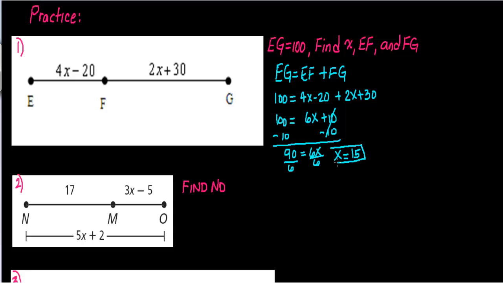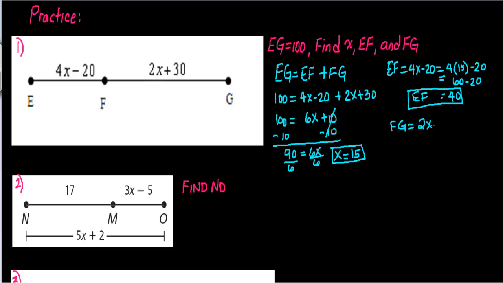Once you find x, it's very easy to find the other segments. EF is equal to 4x minus 20. That means I can substitute the x that I found, and that will equal 60 minus 20, which is 40. So EF is 40. To find FG, FG is equal to 2x plus 30.